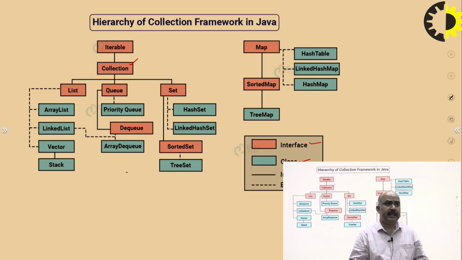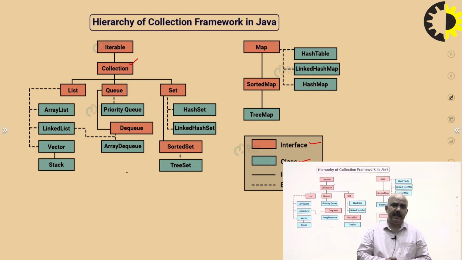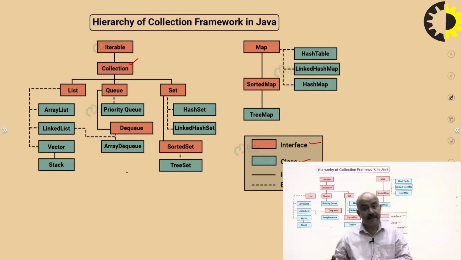There is certain terminology used in this hierarchy of the collection framework. Generally it is asked: what is the collection framework, what is Collection, and what are Collections. These three terms are totally different.